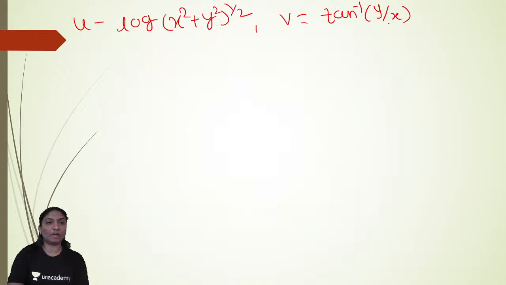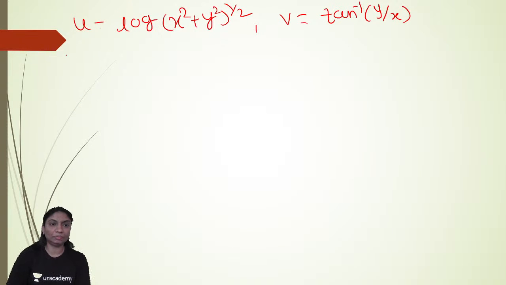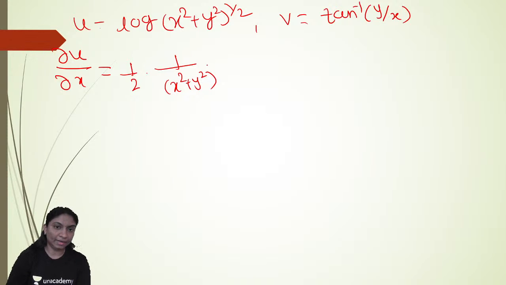So we will get ∂u/∂x is equal to 1 by 2 into 1 upon (x square plus y square), into the derivative of x square plus y square.